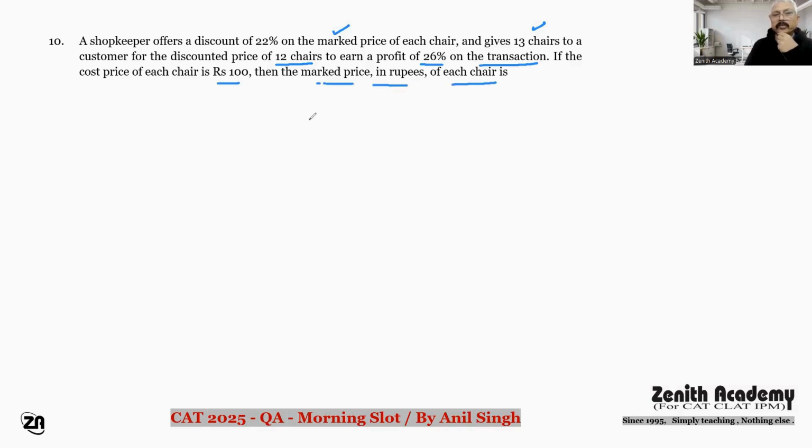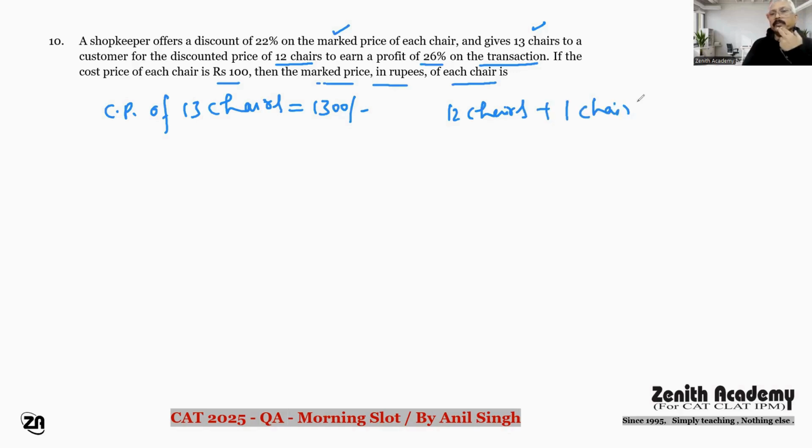So it means actually he bought 13 chairs at the cost of 100 rupees each. So the cost price of 13 chairs is 1300 rupees. And he is selling 12 chairs and one chair at free of cost.